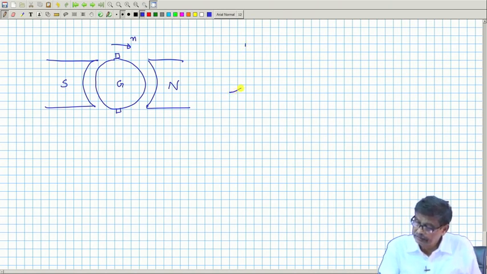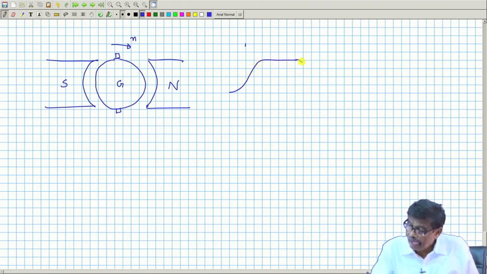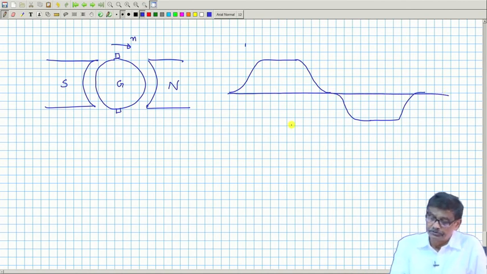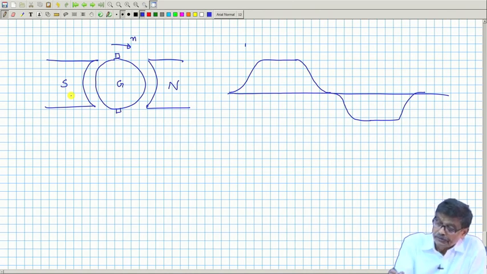This is the no load field form, this is the trapezoidal field distribution because of these magnets, and we have seen that. And these are the conductors.